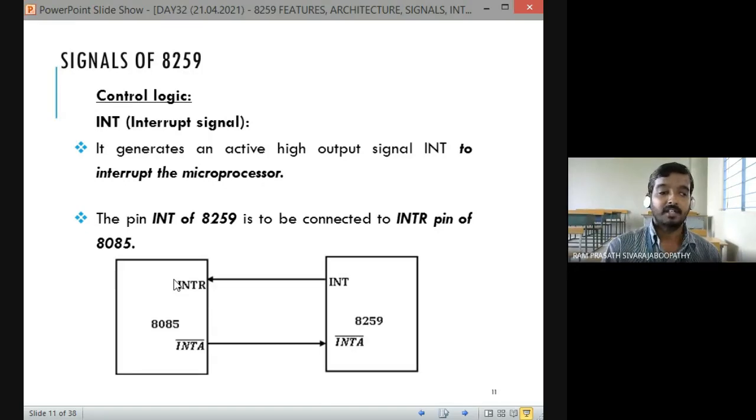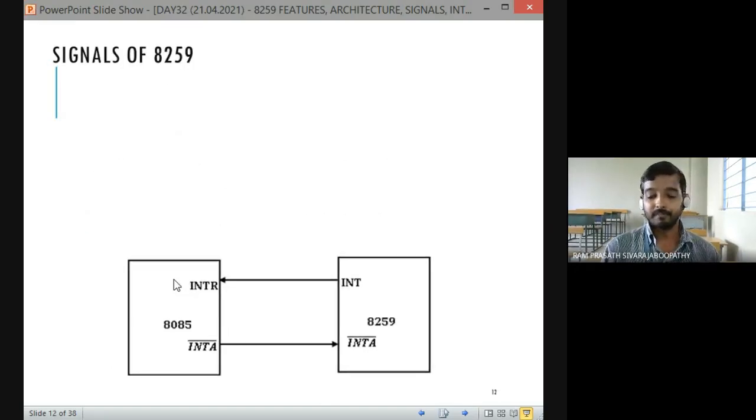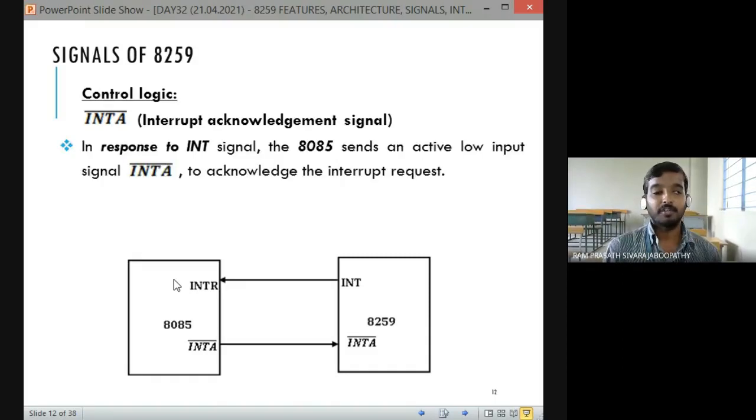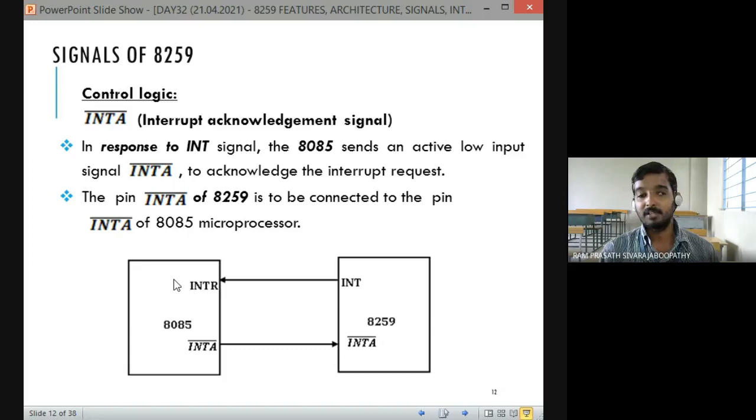Then coming to INTA bar, it is an interrupt acknowledgement signal from the microprocessor to 8259. In response to the INT signal, 8085 will send an acknowledgement signal. So it reaches 8259 through the INTA bar pin. The INTA bar pin of 8259 must be connected to the INTA bar pin of 8085 microprocessor.